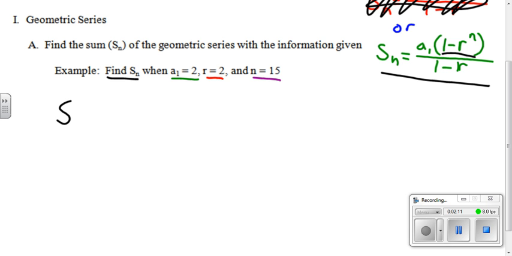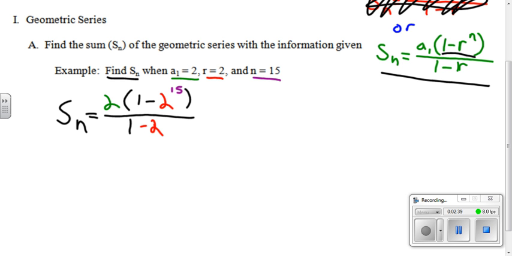Our S sub n equals a sub 1, which is 2, times the amount 1 minus r, which is 2, to the power of n, which is 15, and then all of that divided by 1 minus r, which is 2. So that's how we initially set it up.